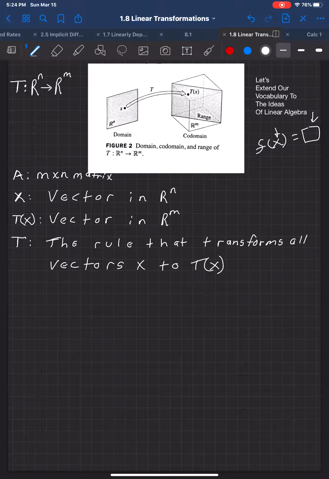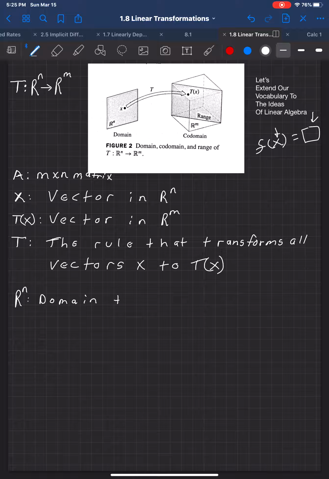Now, what about this idea of Rn? And what about this idea of Rm? Well, in this case, just like we can think of Rn as the domain, the set of all x's that can be transformed by T. So Rn is the domain, right?